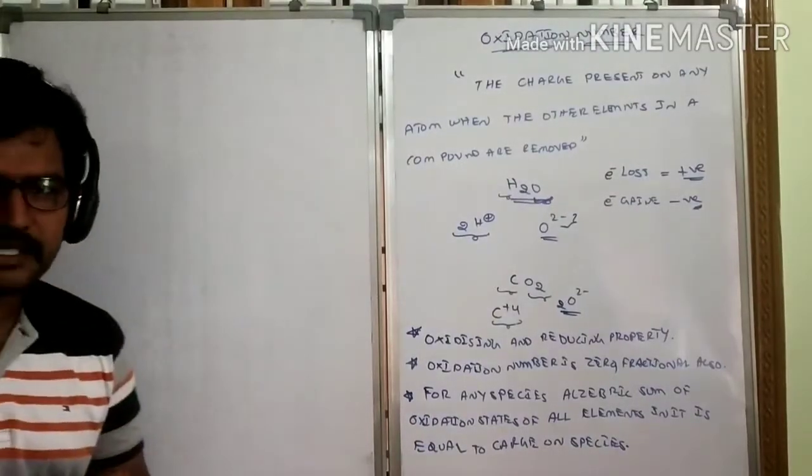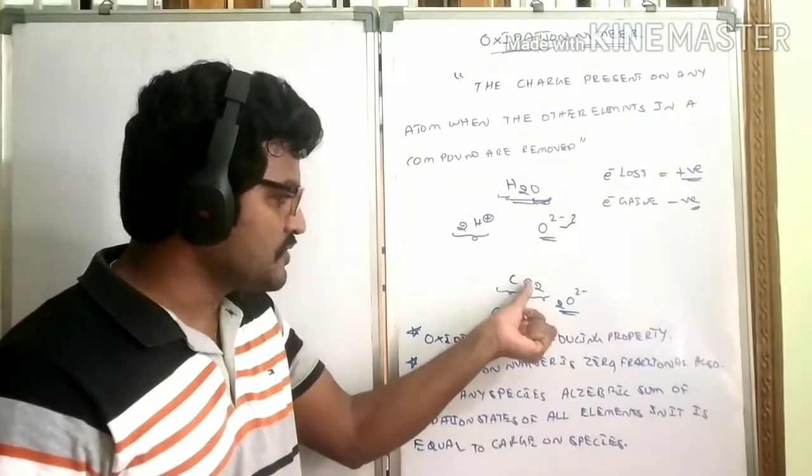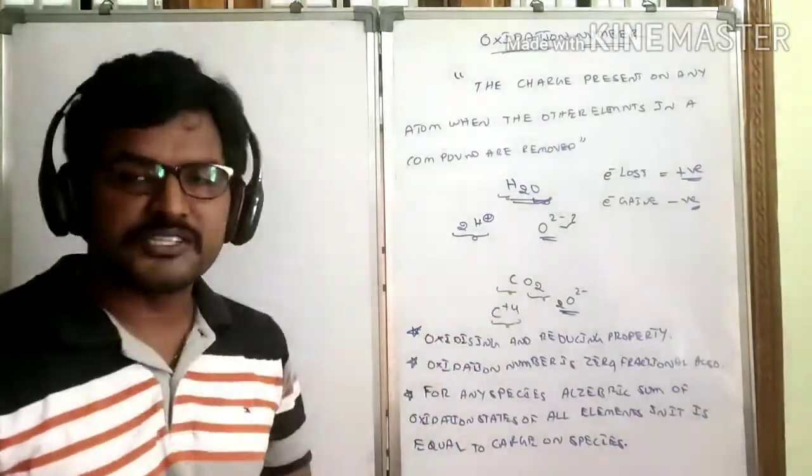So for any species, if you take carbon dioxide, the algebraic sum of the oxidation states of the elements is equal to the charge present on them.